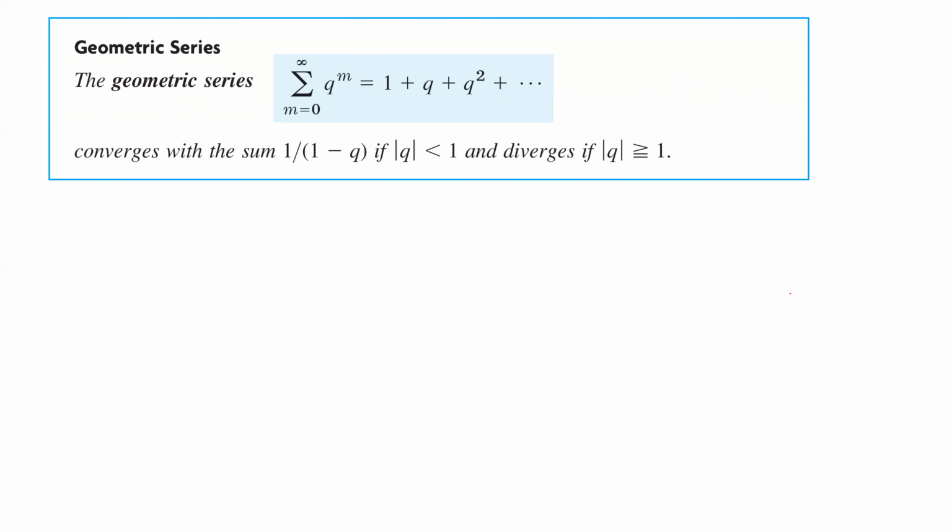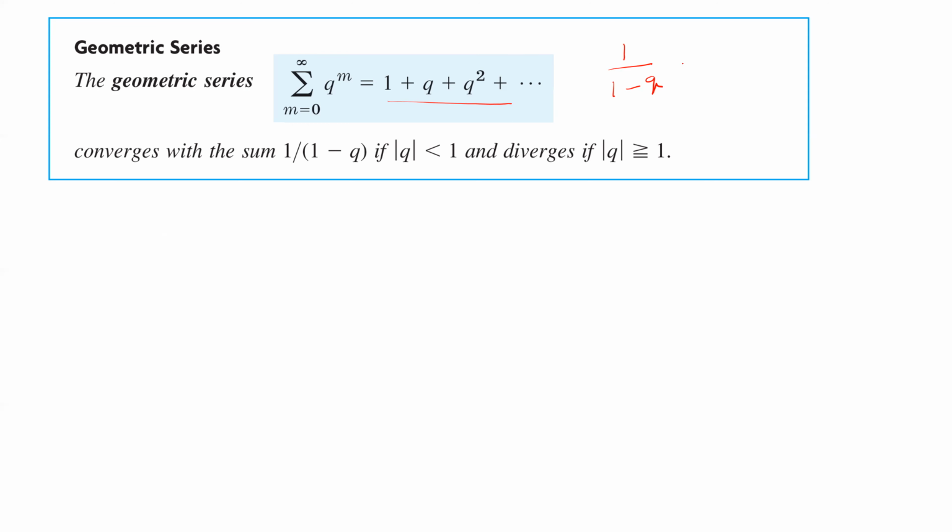We have geometric series, which is this series that you had in real numbers, 1 plus q plus q squared plus q cubed, and so forth. Adding all of these, if q is less than 1, then this is convergent, and the sum of the series is 1 over 1 minus q.